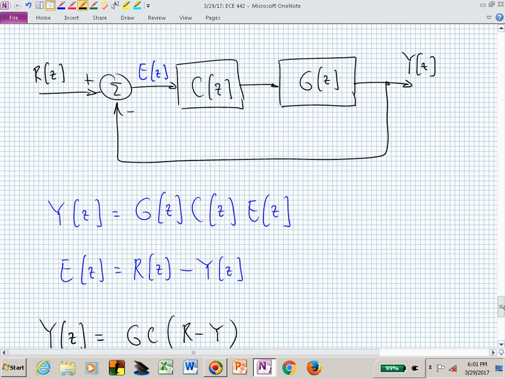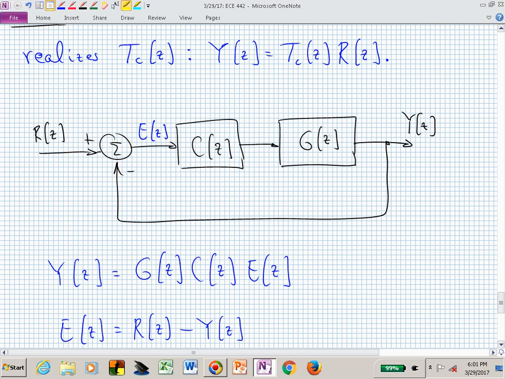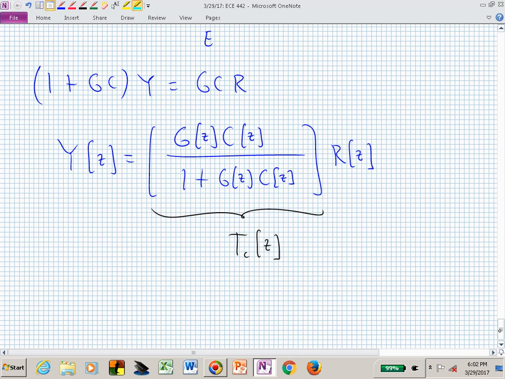In our block diagram, I have a G, I have a C, and I don't have an H. My H is 1 in the feedback path. So now if I give you a G and I give you a C, you can give me the closed loop transfer function, which is our cheer: GC, the product of the forward path, over 1 plus that product, GC over 1 plus GC. That's our closed loop transfer function.